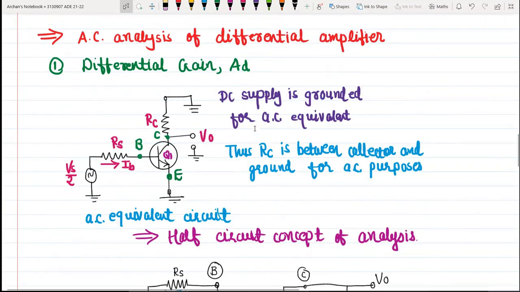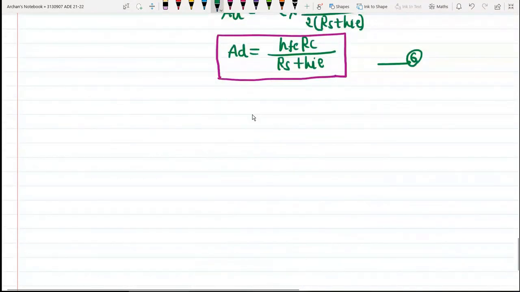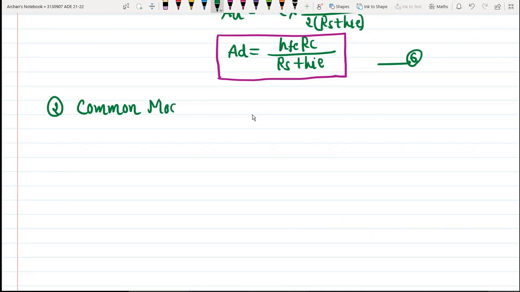So we have our second point here, which is to find out the common mode gain, which is termed as AC. Now let the magnitude of both AC input signals be Vs and they are in phase with each other. That is what we have seen in common mode of operation.